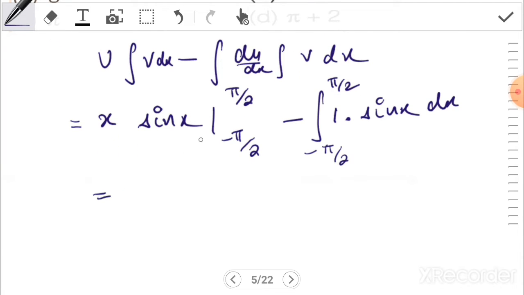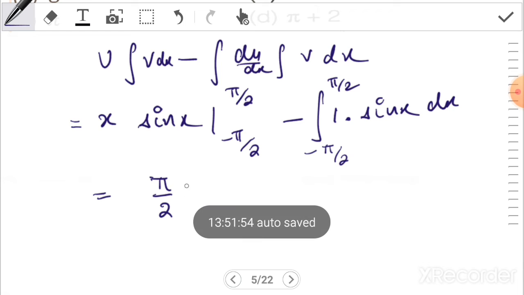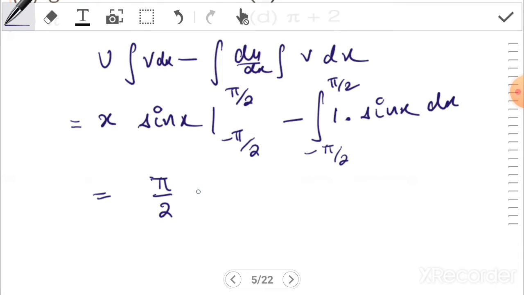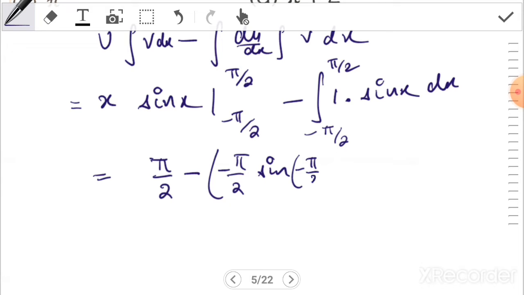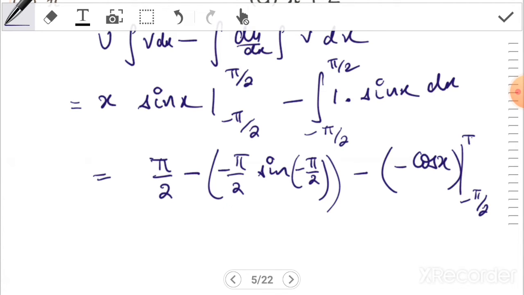So this is equal to pi by 2, and sin pi by 2 is 1, so pi by 2, minus pi by 2 sin of minus pi by 2, and this is minus cos x from minus pi by 2 to pi by 2.